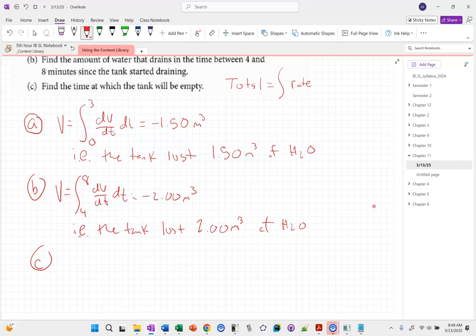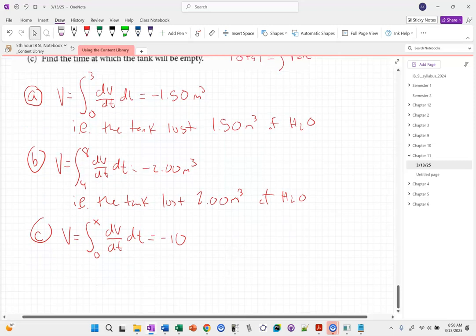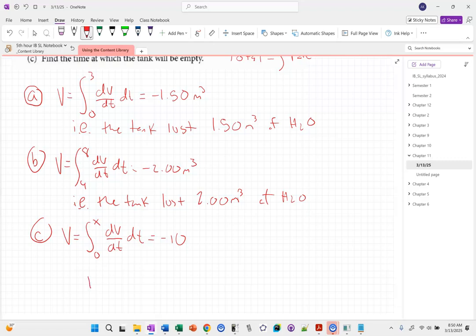All right, it says find the time in which the tank will be empty. How am I going to do that? So I'm going to want to do that, right? Or doing it that way.